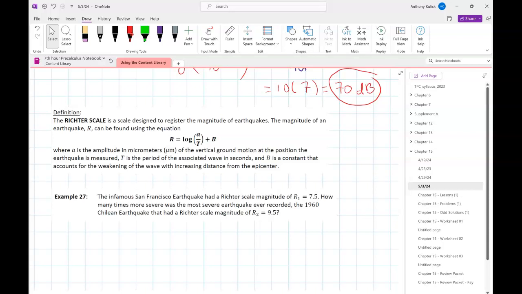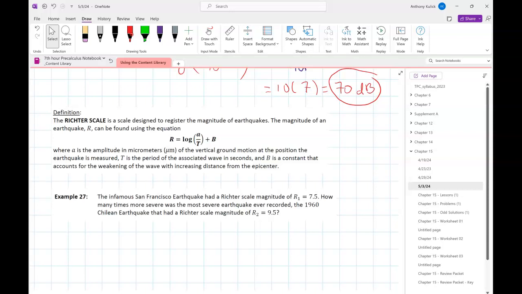An earthquake happens when two plates rub up against each other. If this is normal, the amplitude is how far displaced from normal the earthquake is, whether it's slipping up or slipping down. It's that distance.